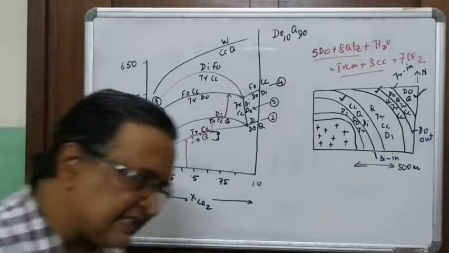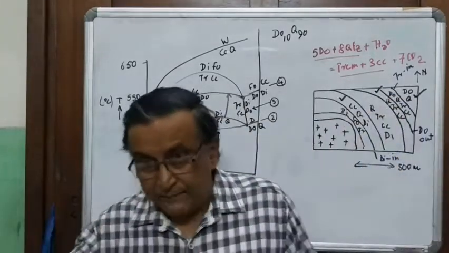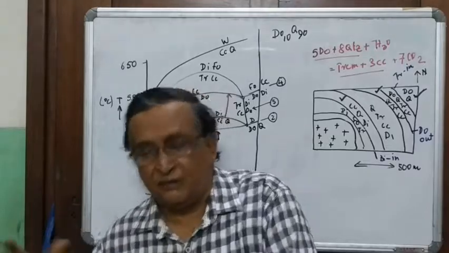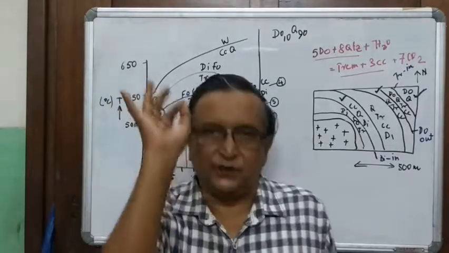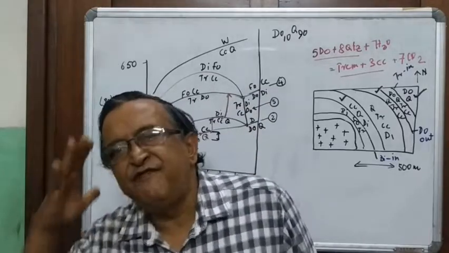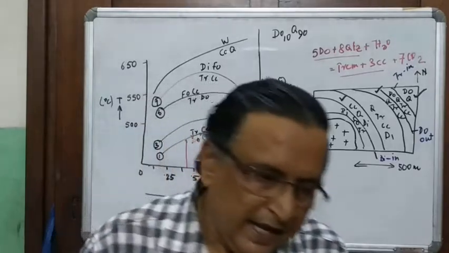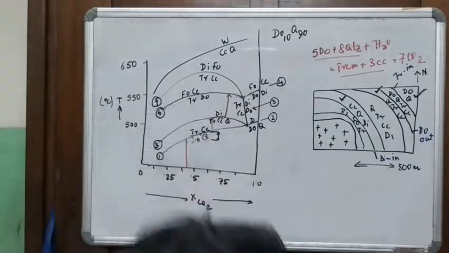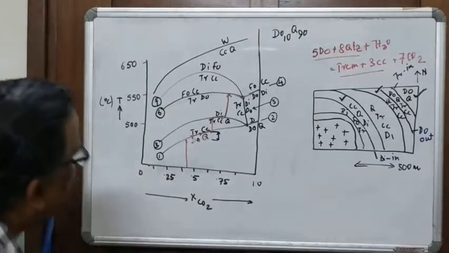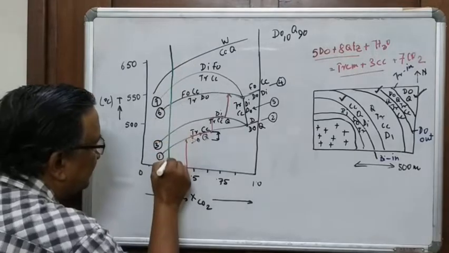In that case, the composition of the fluid, and remember, I am talking of a big fluid reservoir, constant fluxing of fluids with a particular composition, is completely fluxing the rock. So what will happen? Let's say this is the composition of that fluid.